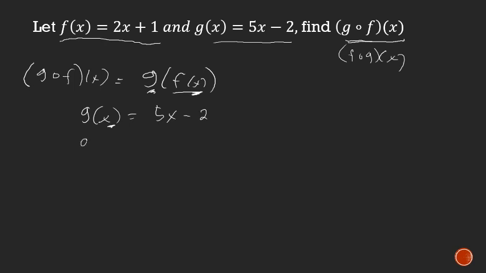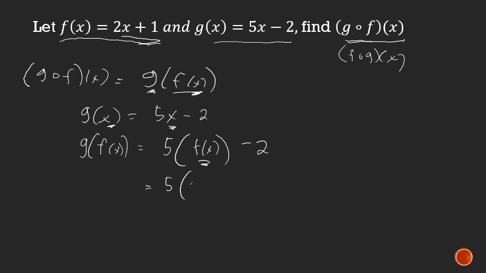We have now g of f of x equals 5 times the x, replaced with the f of x, minus 2. Then simplify, substitute. We have 5 times the f of x, since we have already the value for the f of x, which is the 2x plus 1. We substituted it, minus 2.